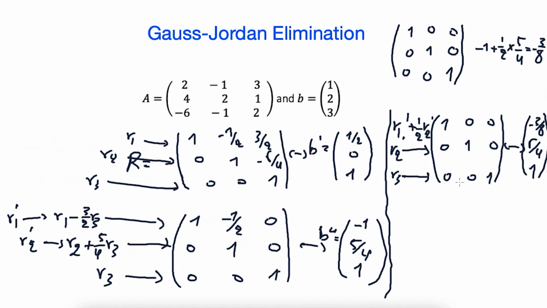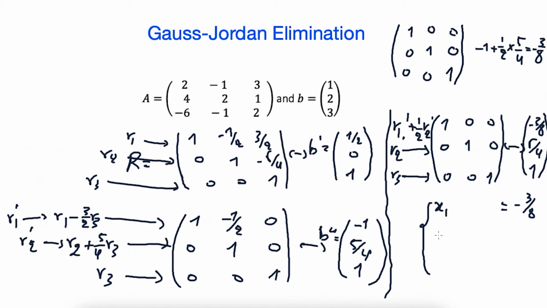Once we get this reduced row echelon form matrix, we can write the linear system as x1 with coefficient 1, and the coefficients of x2 and x3 in this row are 0, and this equals minus 3/8.